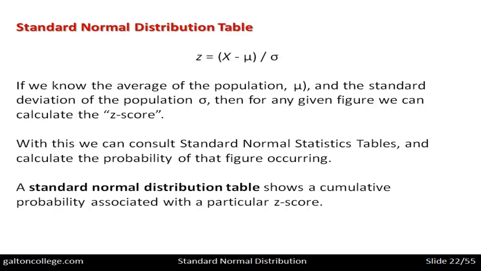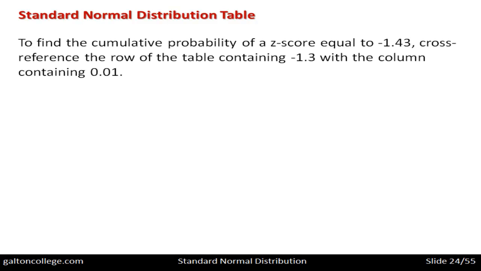A standard normal distribution table shows a cumulative probability associated with a particular z-score. Now, to find the cumulative probability of a z-score equal to minus 1.43, cross-reference the row of the table containing minus 1.4 with the column containing 0.03.